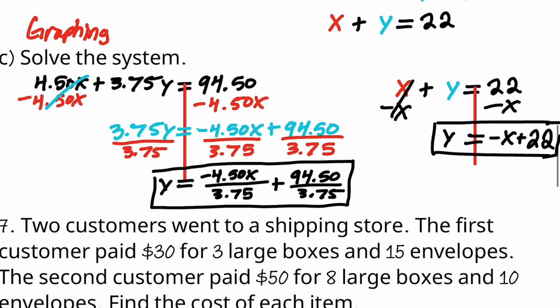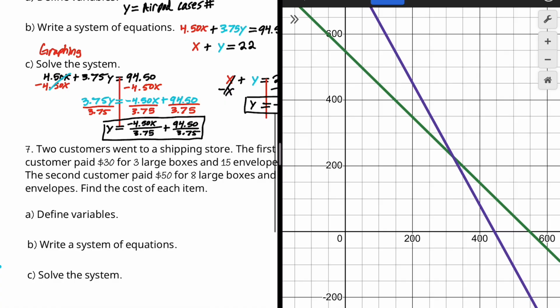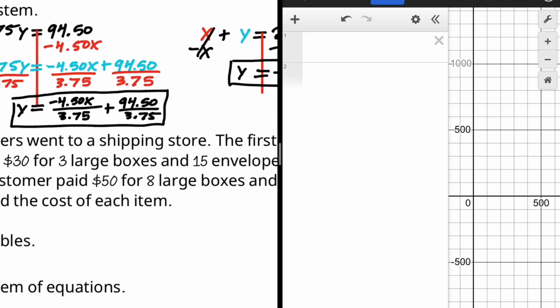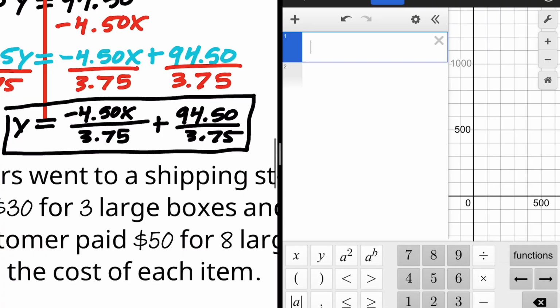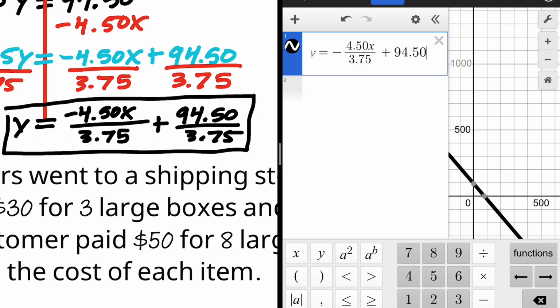What I can do is hop over to Desmos once again, and let me graph both of these. So my very first equation is y equals negative 450x divided by 3.75 plus 94.50 divided by 3.75.